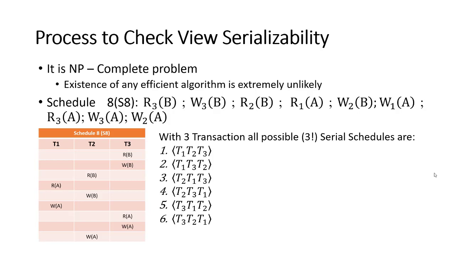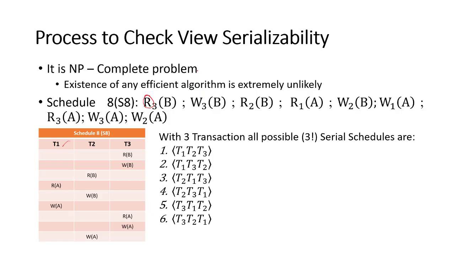For understanding that, let us take the example given in schedule 8. You can see that a different notation has been used to represent schedule 8. The first operation is represented by R. R stands for read, and the suffix 3 stands for transaction 3. There are three transactions available: 1, 2 and 3.